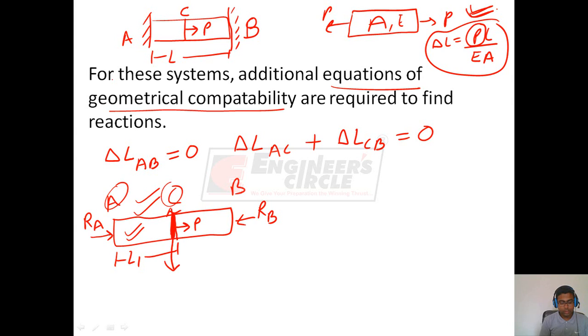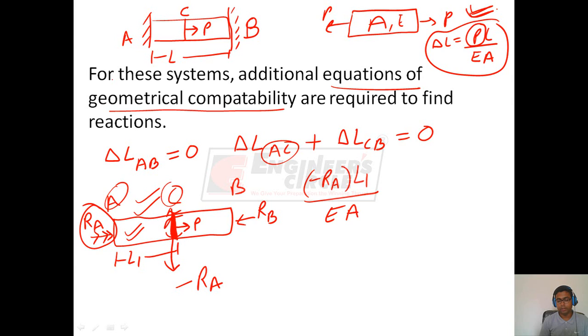The only force acting in the left part of this section is RA. Therefore, the load on the bar AC will be RA. Since RA is compressive, we take this load as negative. Therefore, we can write the elongation in bar AC as PL by EA, where instead of P we put the load as minus RA. The length of AC is L1, and the material constants are E and A.